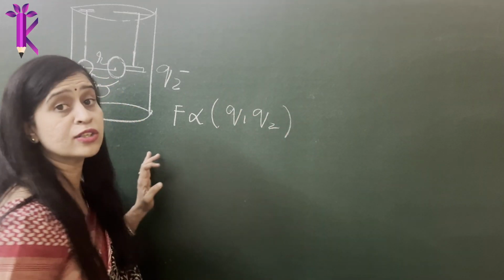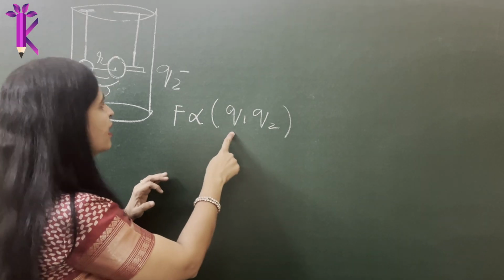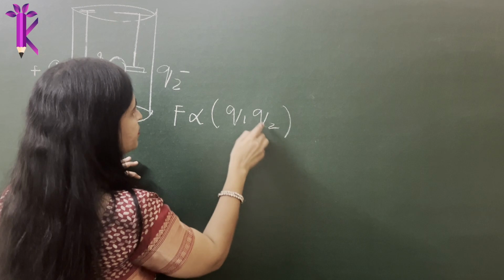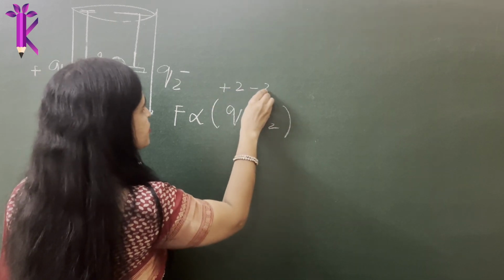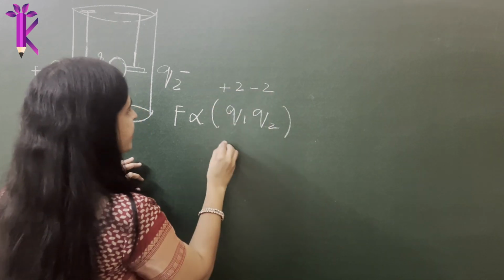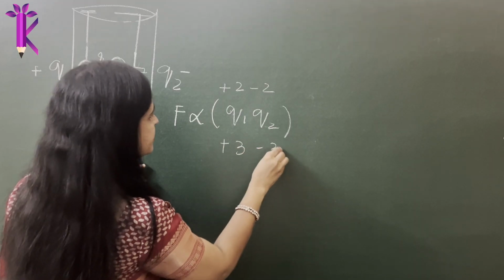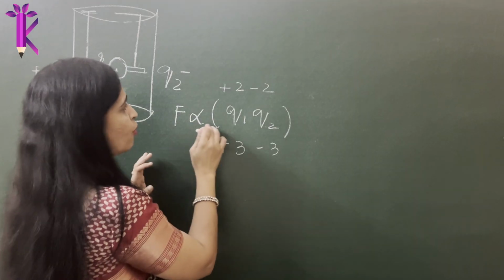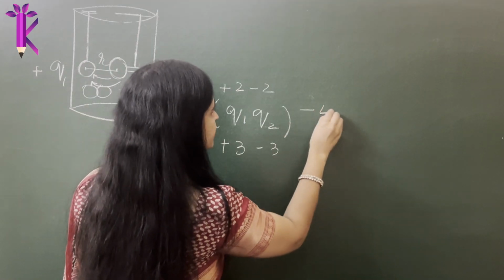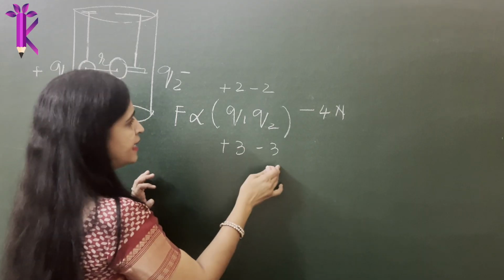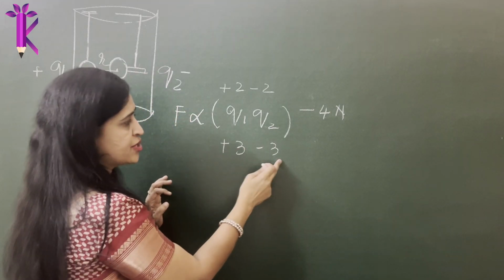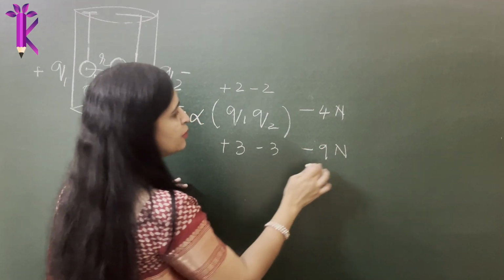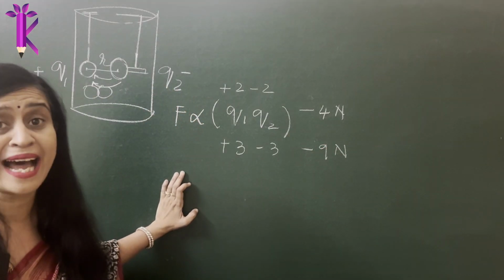What do you mean by the product of the magnitude of the charges? He saw that, let's say, first the charge on each was plus 2 and minus 2. Next he charged it to plus 3 and minus 3. Initially they attracted together with a force of 4 Newton, minus 4 Newton. Second, when you increase the charges to 3 and 3, the force of attraction between them was measured to be minus 9 Newton.